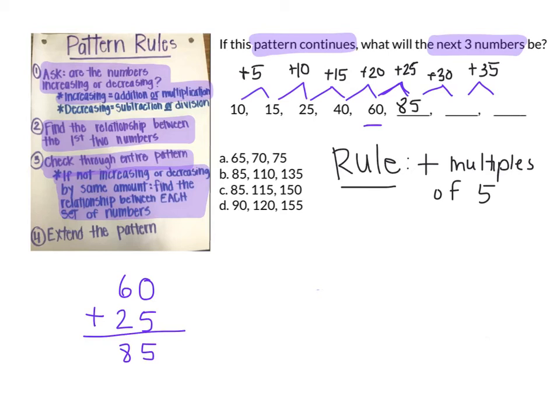Now we're going to keep going. We're taking 85 and adding 30. 5 plus 0 is 5. 8 plus 3 is 11. So the next number in our pattern is 115.